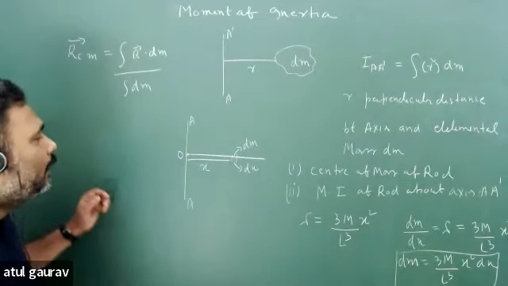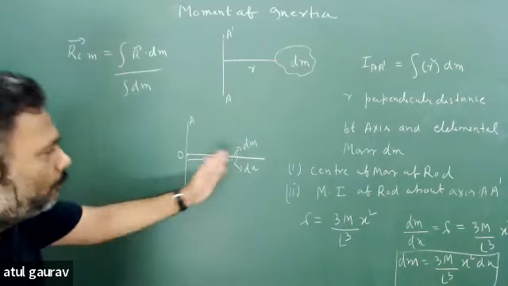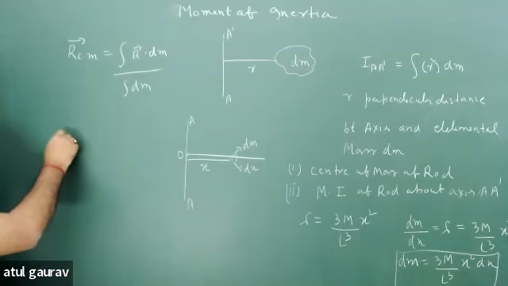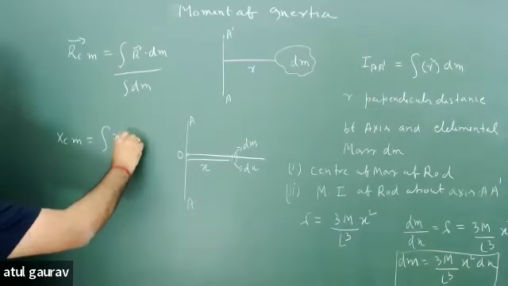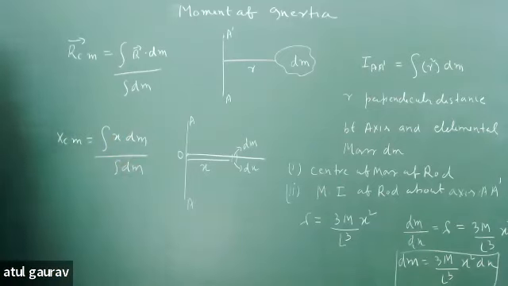So the first thing we have to calculate, obviously the center of mass will be along the x-axis. So we have to calculate x center of mass, and that is integral of x dm by integral of dm.